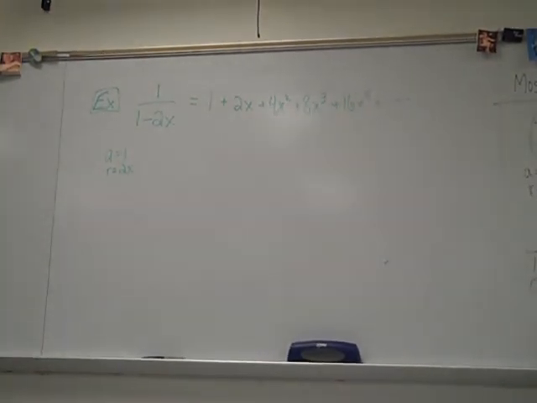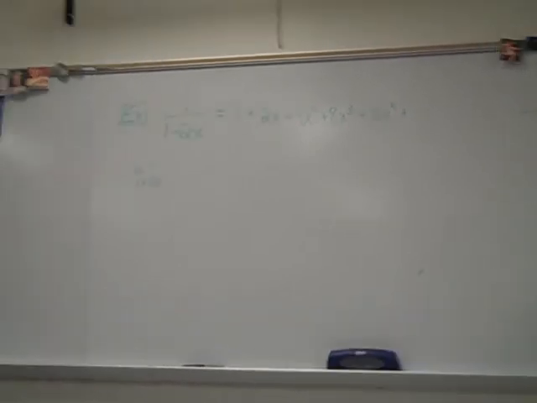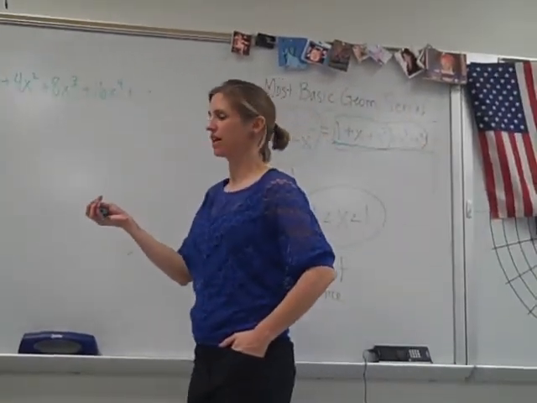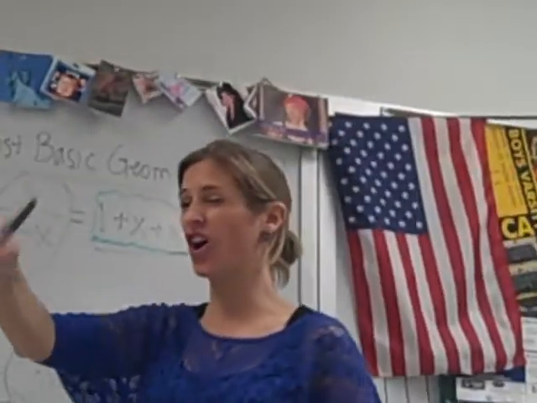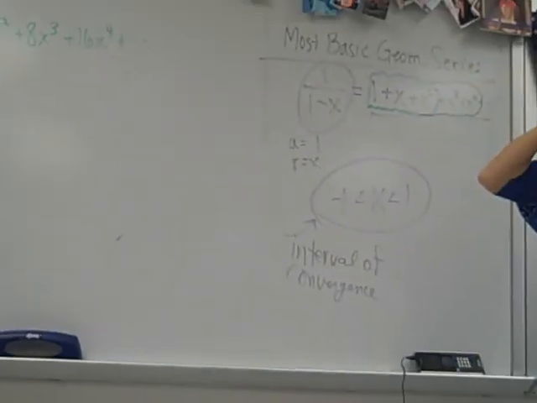So you see that when I have this in function notation, I'm not saying it diverges ever, because there's an x there. I'm forcing the interval of convergence on it, instead of being told my r is bigger than 1, so it doesn't converge.